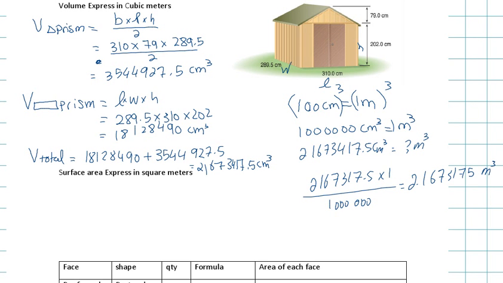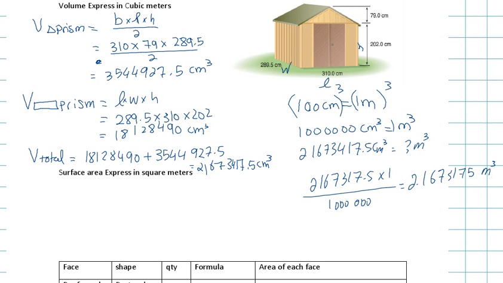Or am I missing anything? 2167317.5. So you divide that by a million. You guys got that when you divided by a million? Oh, see, I don't know what's with me and the 4.